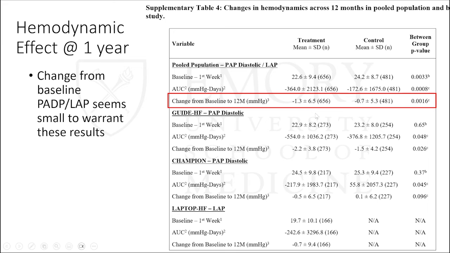It was just maybe 1 millimeter of mercury. I was honestly expecting a bit more of a reduction in either diastolic pressure or left atrial pressure to be able to translate to these clinical outcomes.